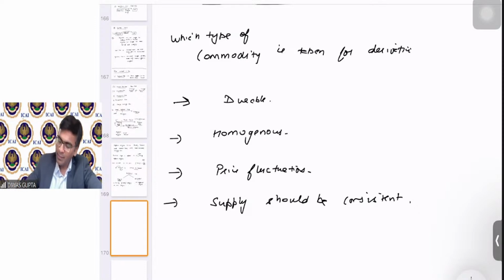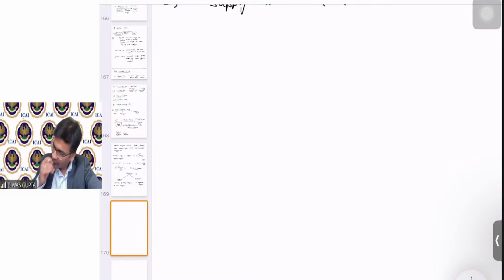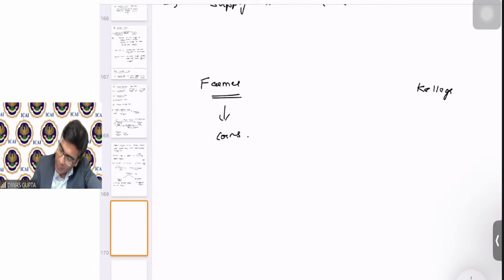Now let's take an example, students. Let's say there is a farmer here, which is given in the study material again. This farmer produces corn, and there is a company called Kellogg's, which uses corn and produces an output.